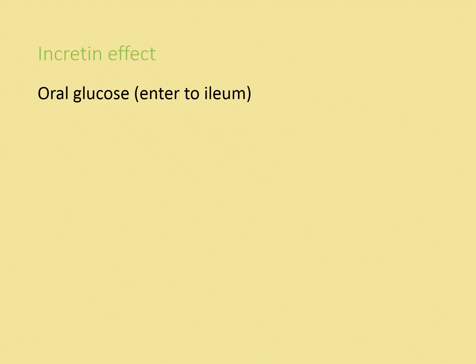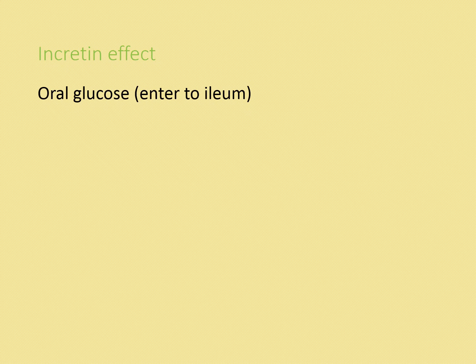When we give oral glucose, it releases more insulin compared to when we give intravenous glucose, and this effect is known as incretin effect. So let us try to understand the mechanism of this effect. When we give oral glucose, it enters into intestine.